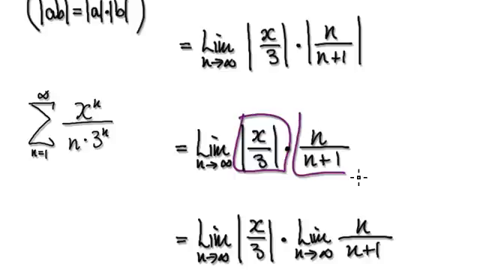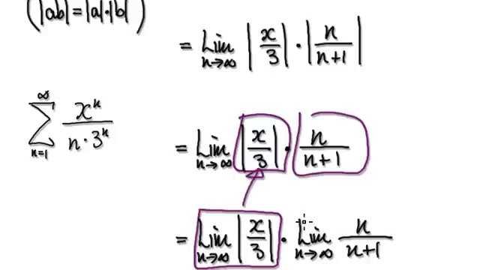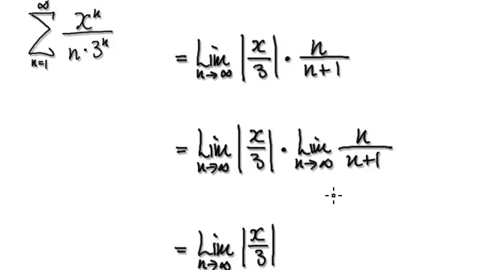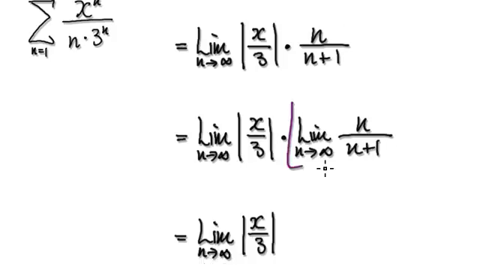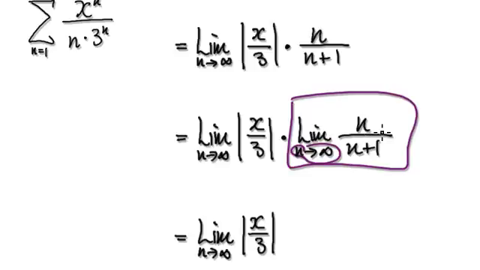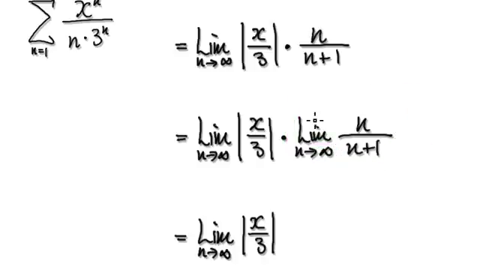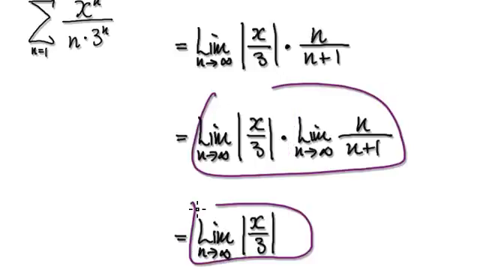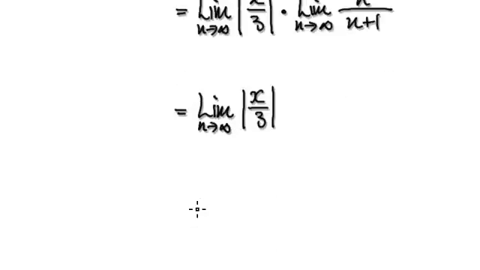But as n heads towards infinity, the limit of this will be 1. So 1 times anything is just that thing, so from here we can concentrate on this only.